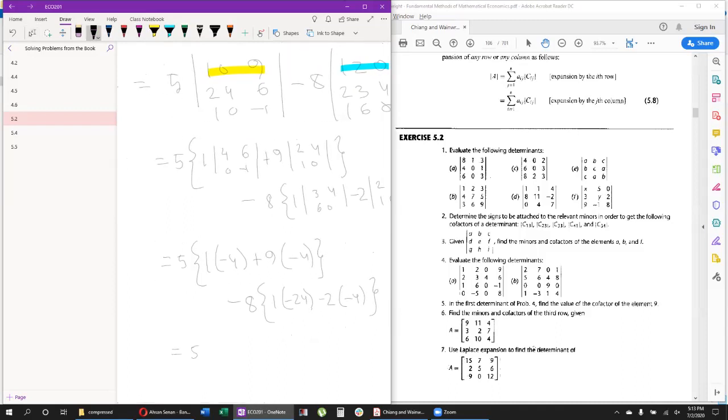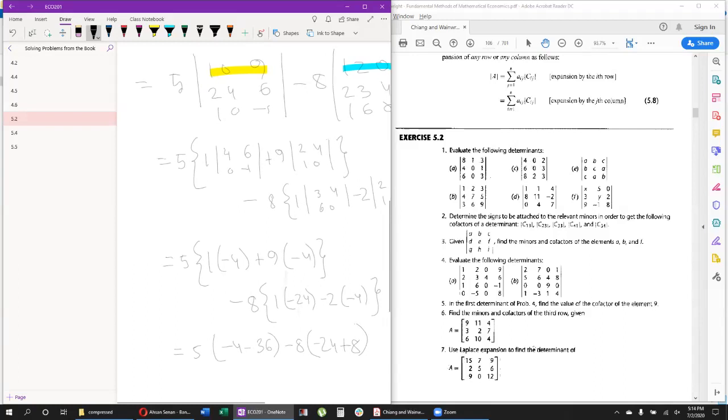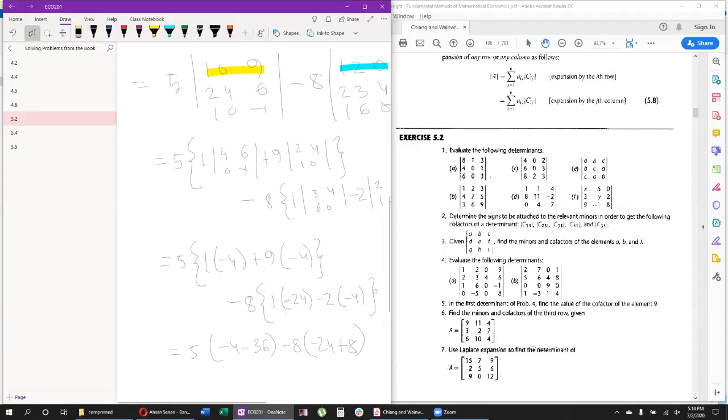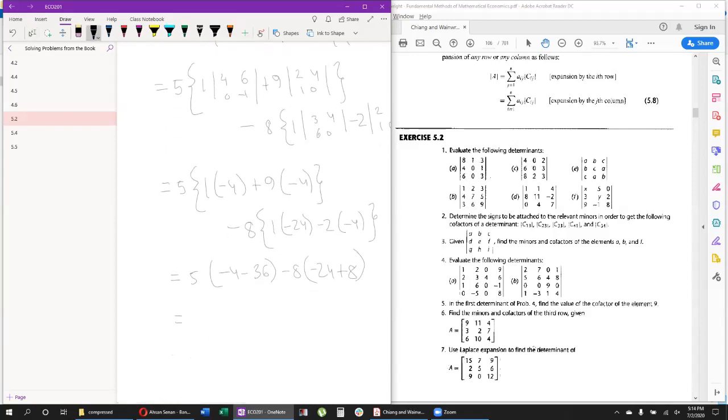So effectively we have 5 minus 4 minus 36 minus 8. So minus 24 plus 8. 40 minus 8, this is minus 16.